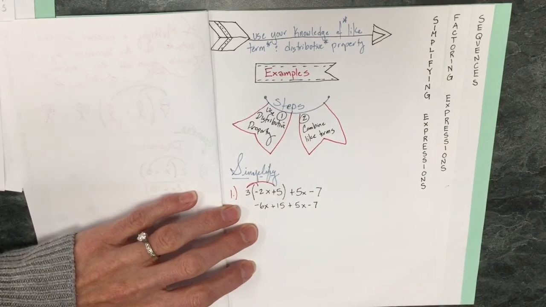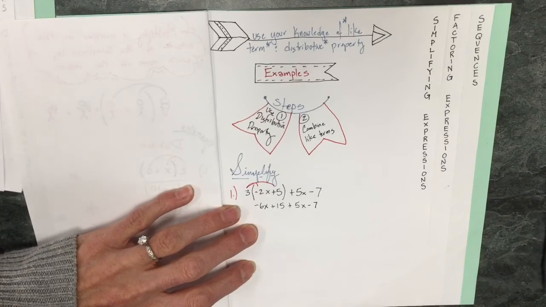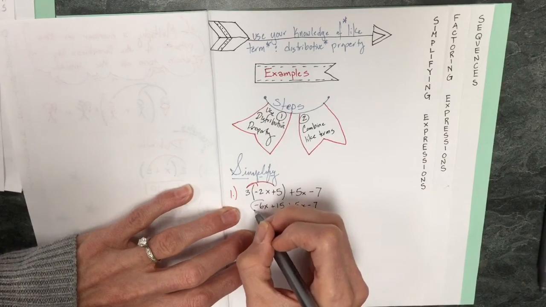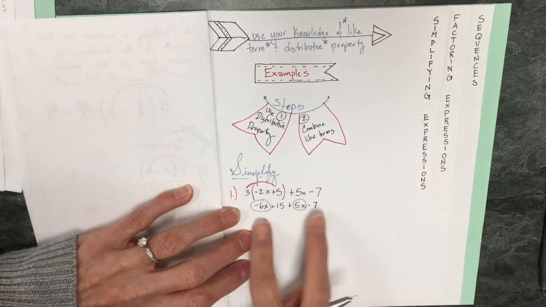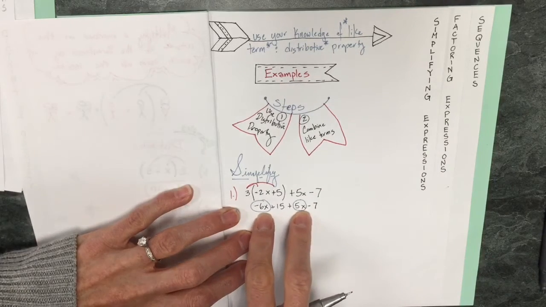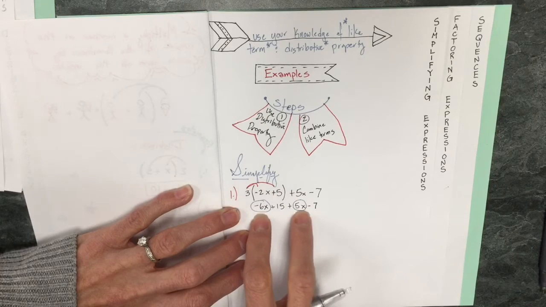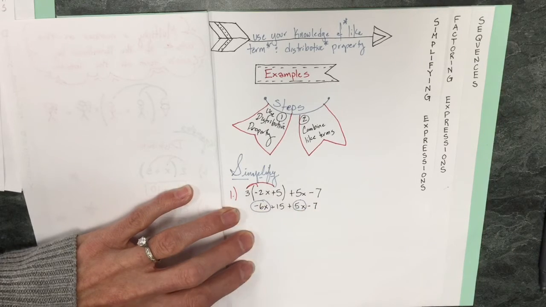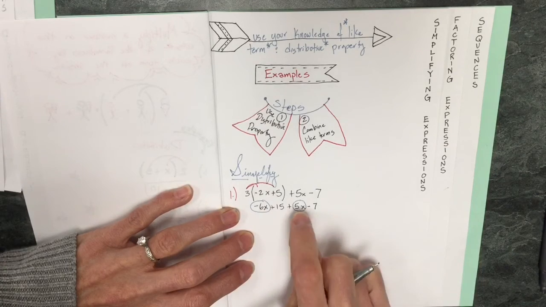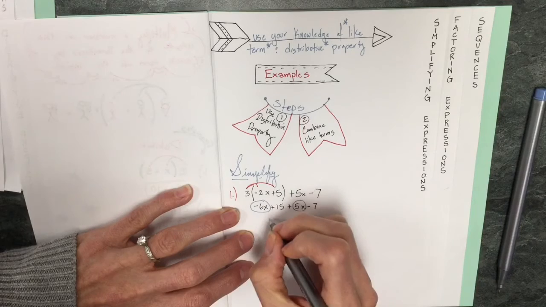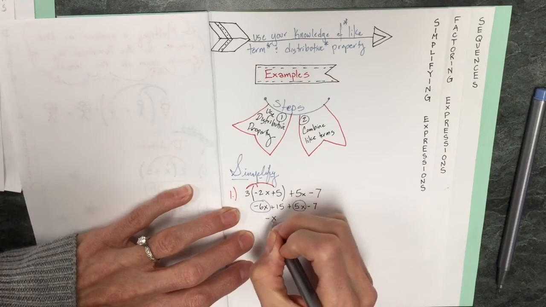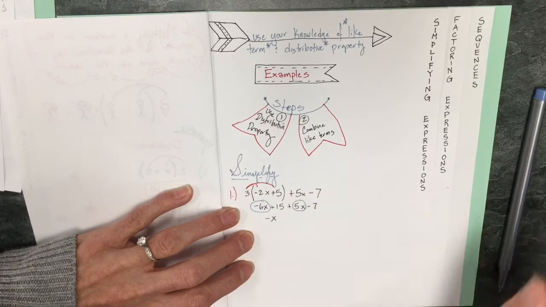The parentheses are gone. Now I just want you to circle your like terms. So negative 6x and 5x, you can put these together. Even though you don't know what x is, you know that they're both being multiplied by x. And that's the same value, so you can put them together. Negative 6 and 5, when you put that together, that's negative 1. So we're just going to write a negative x down here, because that means negative 1x.